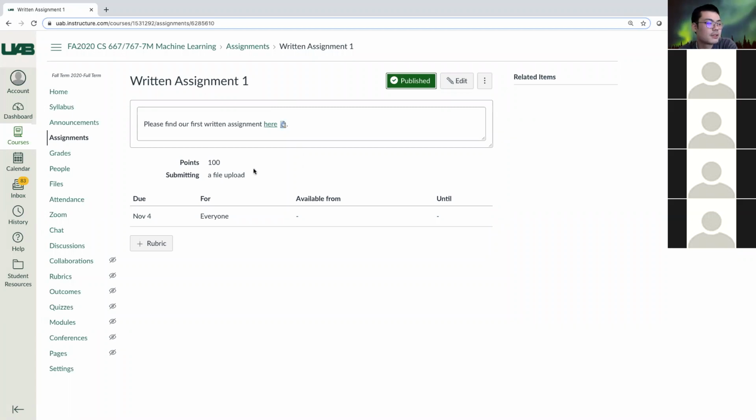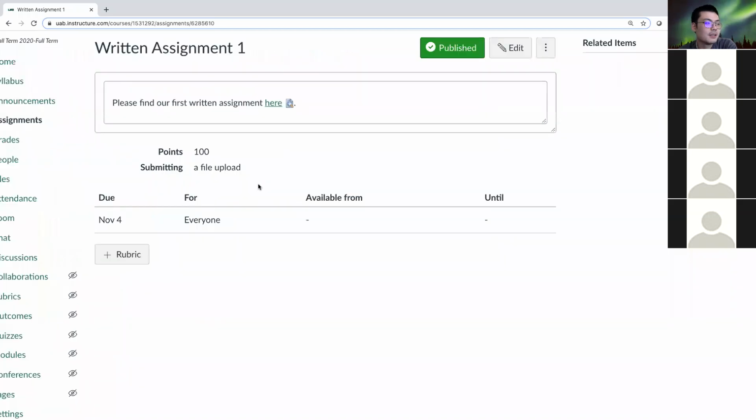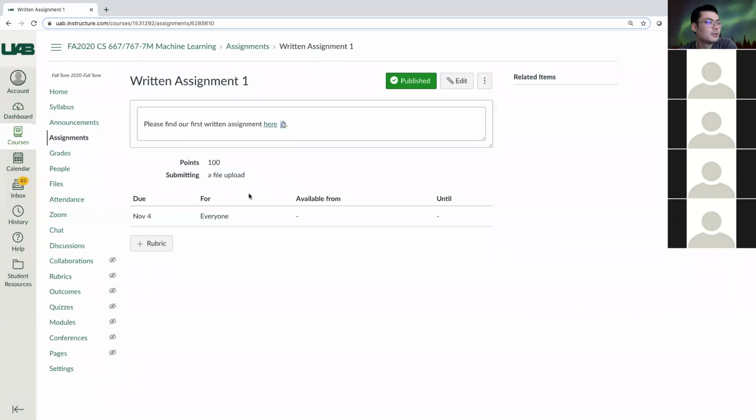So we encourage you to finish by November the 4th. If you cannot, you need to request for extension, but no later than that week. But we will release the next assignment anyway, assuming you already finished it.